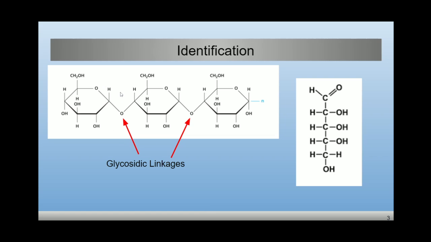There are processes that happen biologically that serve to either create a bigger polymer, so adding more of these monomers to the ends, or there are ones that break up these glycosidic linkages and make a polymer turn into a monomer. And so there will be a specific video about that. The two processes are called hydrolysis and dehydration synthesis, but we'll get to those later on in the future.